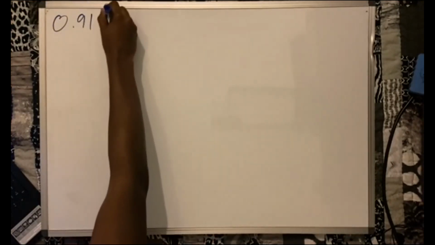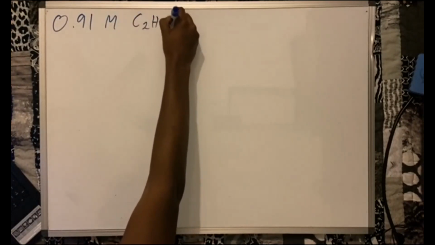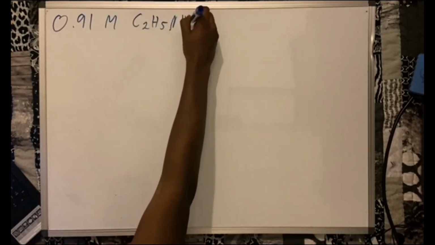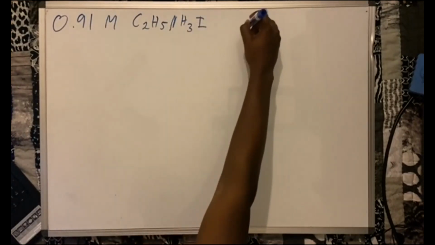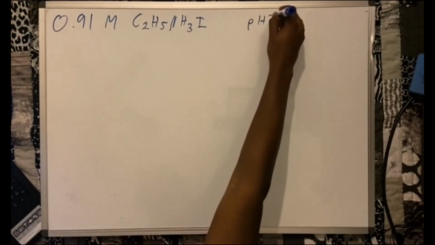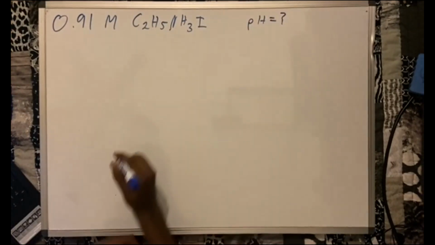Okay, so we're looking for the pH and we have 0.91 molar C2H5NH3I. Okay, I'm looking for the pH of this. We're looking for pH equals question mark.